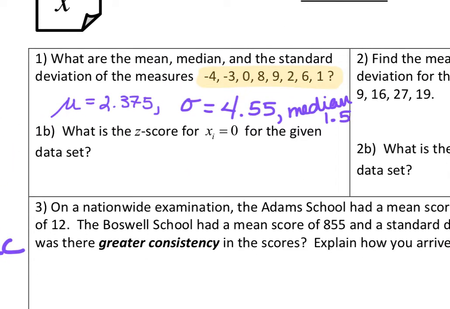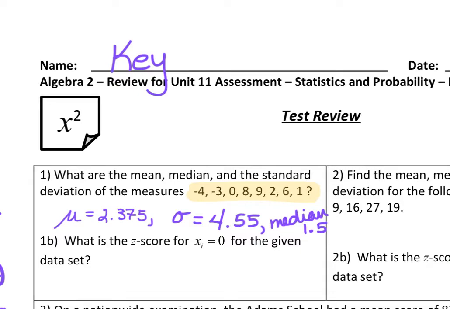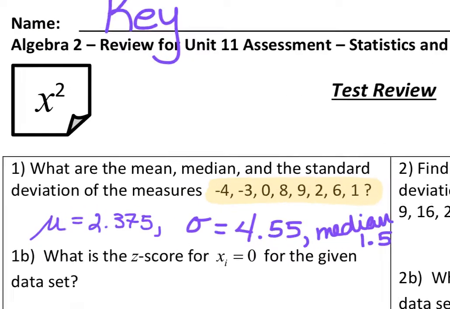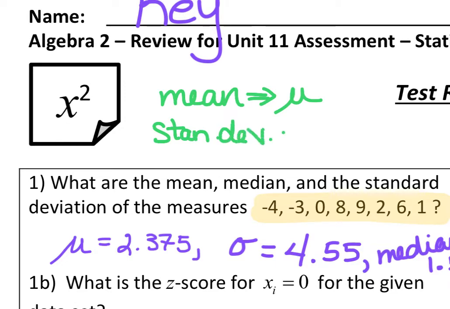So there's the mean, median, and the standard deviation. And once again, just to be sure that we're all on the same page, remember that the symbol for the mean is mu, and the symbol for the standard deviation is this sigma.